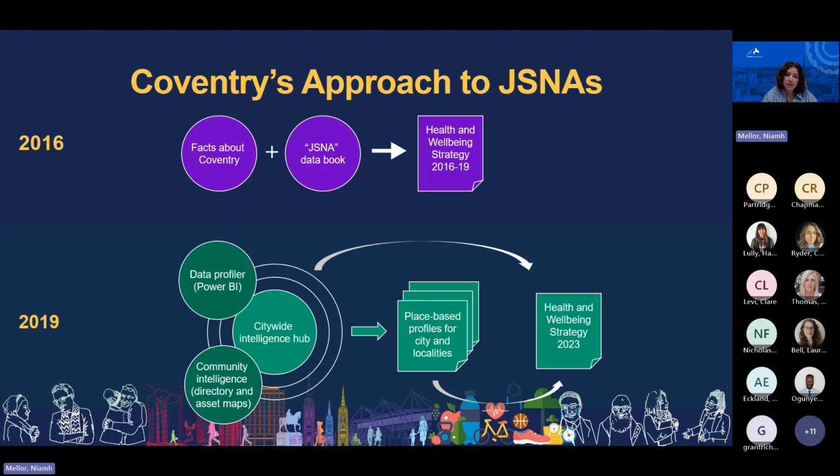This combines the data that we already had in our facts about Coventry and our data book, but also looks at exploring some of the meanings behind that. So we look at the community intelligence side, we look at assets within the community. We've done one overall citywide profile, which looks at the city as a whole, and then we've done 6 smaller deep dives, which I'll talk about in a few slides' time. But they still inform the health and wellbeing strategy and the priorities.